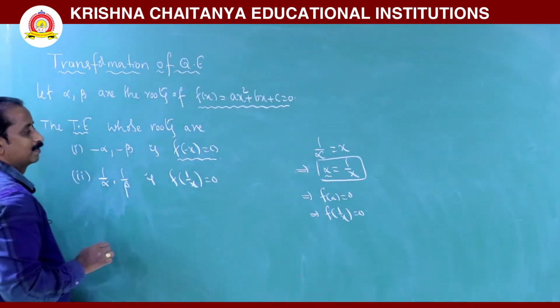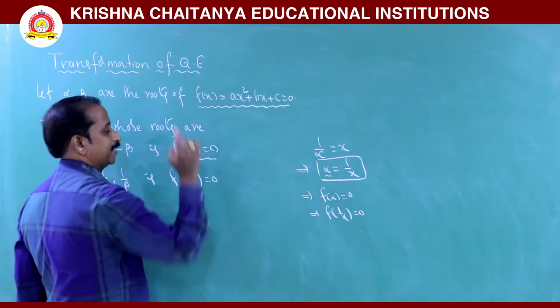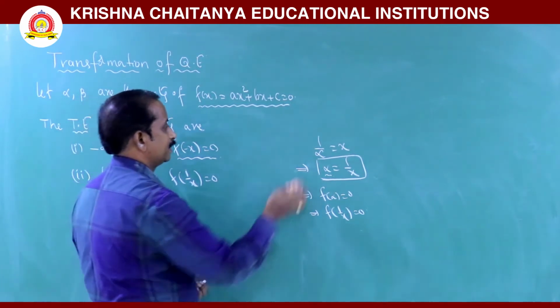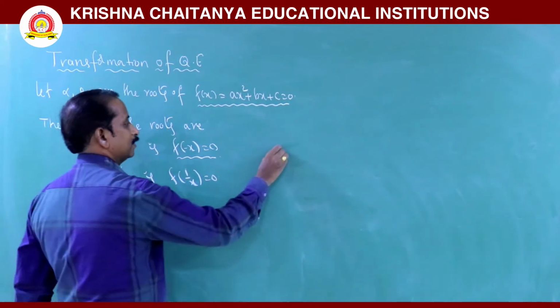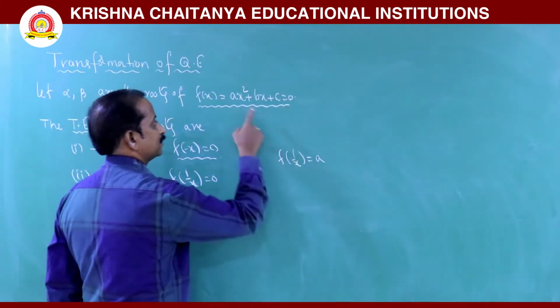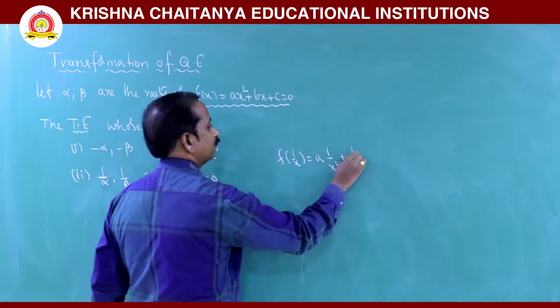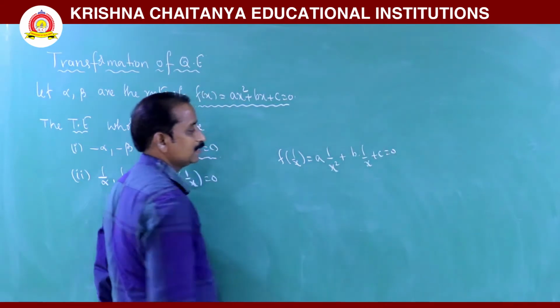What is f of 1 by x? Just replace x by 1 by x. Then what do we get? F of 1 by x is nothing but a times 1 by x whole square plus b times 1 by x plus c is equal to 0.